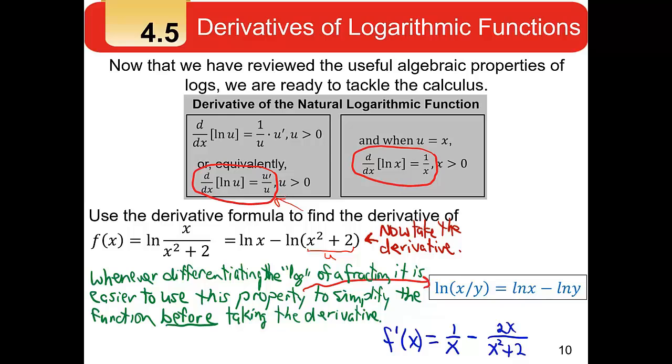Well, u prime is 2x over u, which is x squared plus 2, so you get 1 over x minus 2x over the quantity x squared plus 2. You could get a common denominator, simplify it, and write it more compactly, but this is fine. WebAssign's okay with this. I'm okay with this. It's a perfectly legitimate way to write the answer.